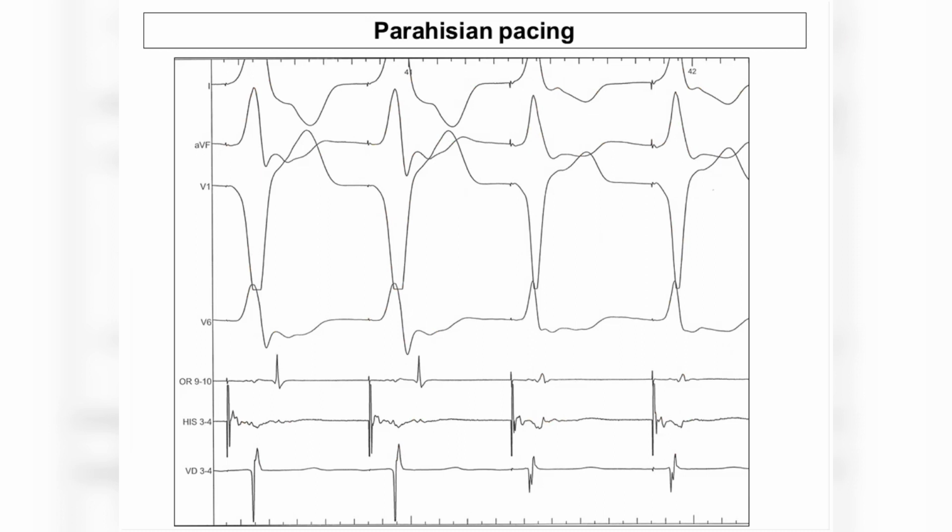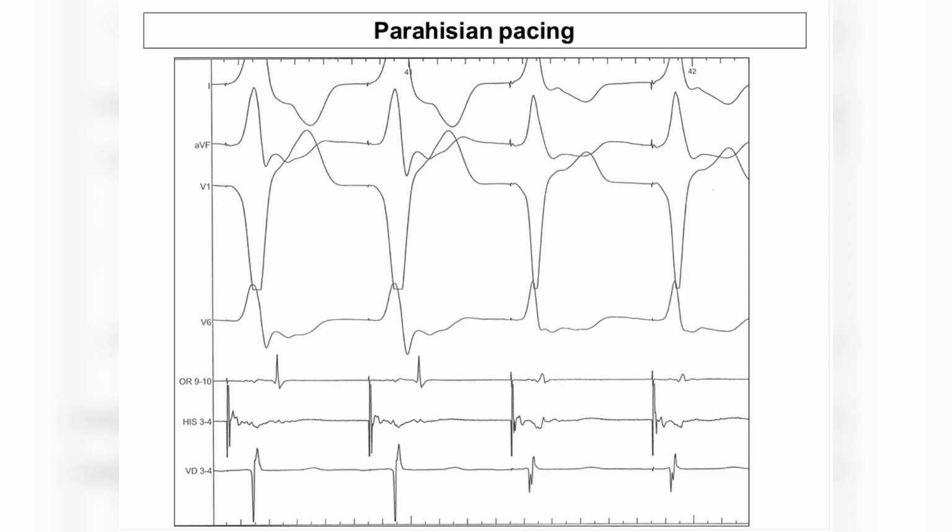And if you start by pacing with a low output, as you increase the output, eventually you can see that. So at pacing with a low output, you capture only the ventricle. Pacing with high output, you capture both the ventricle and the His bundle that is adjacent to the ventricular pacing site.